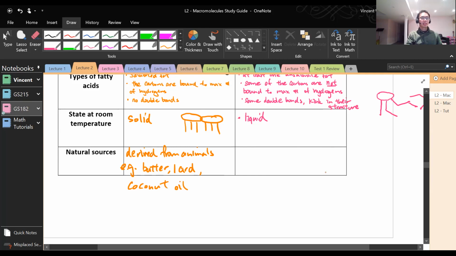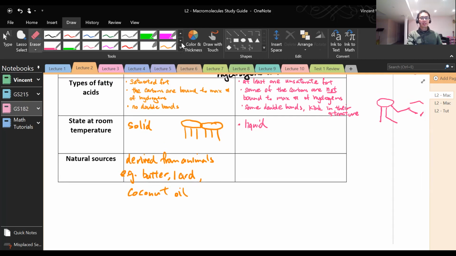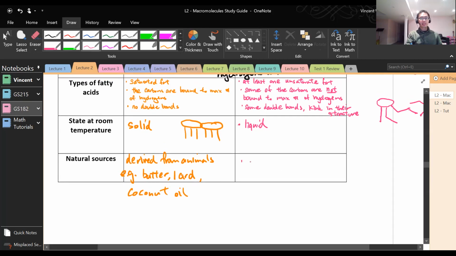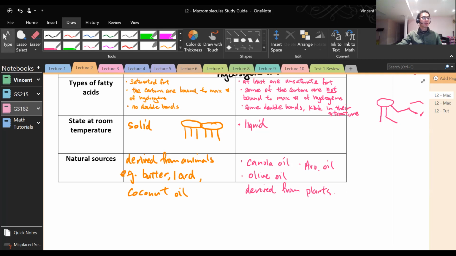For the other ones over here, I already see a lot of examples. So canola oil, olive oil, avocado oil, all these, these are mostly derived from plants. And a bunch of other examples in the chat.